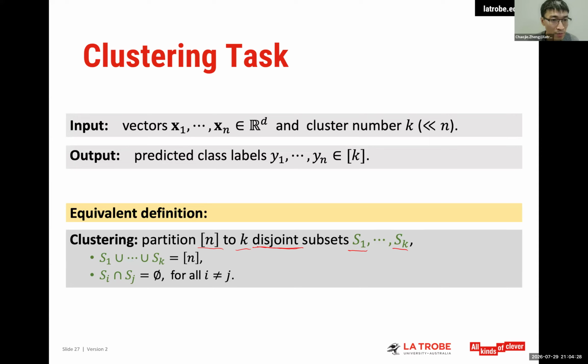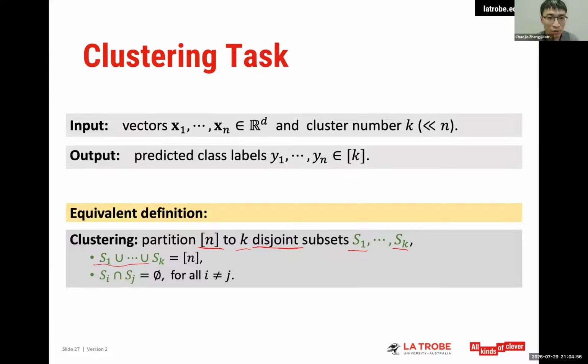Translated into plain language, these subsets should share no intersections. All of these subsets should share no common data points, and the union of these subsets would be equal to the entire data set.